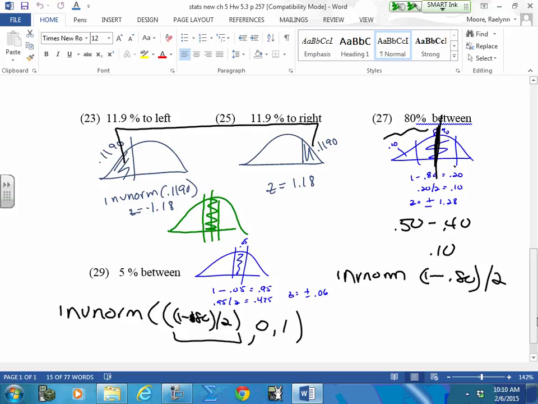Again, you can do 1 minus 0.05 divided by 2, or you can use the concept this is 50. Use your 50 minus half of 0.05, and look that up instead. Does everybody see 2 ways to do that? Okay. Good.